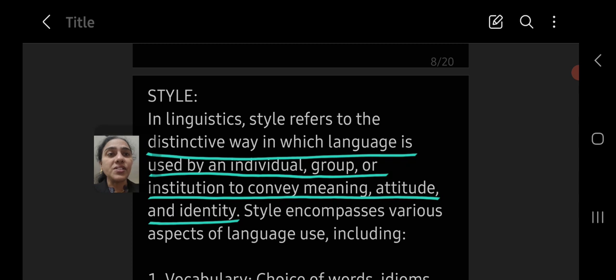In linguistics, the style refers to the distinctive way, say with me, distinctive way in which the language is used by an individual or a group or an institution to convey the meaning, to convey the attitude and the identity. There you go, the style, the way how the language is used.